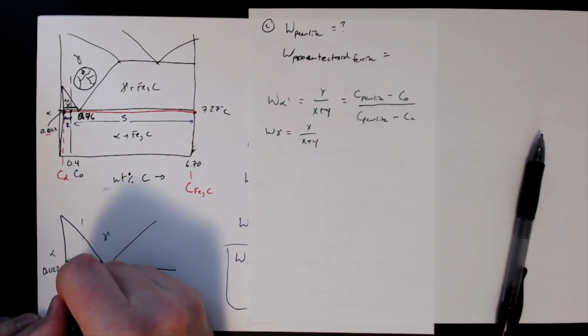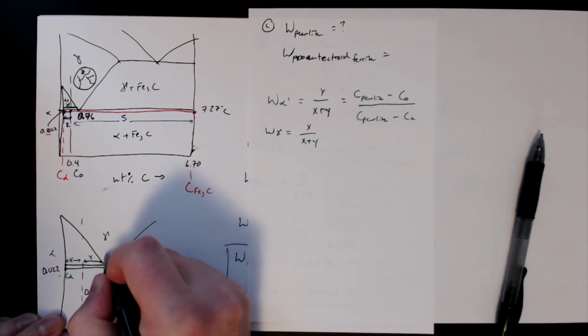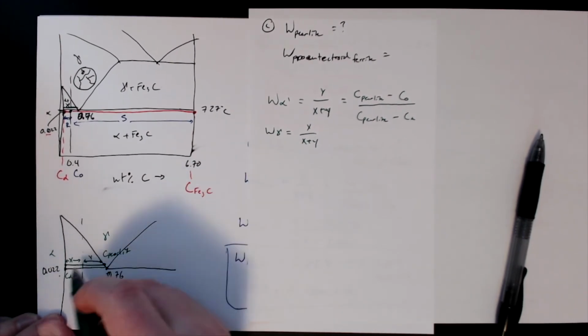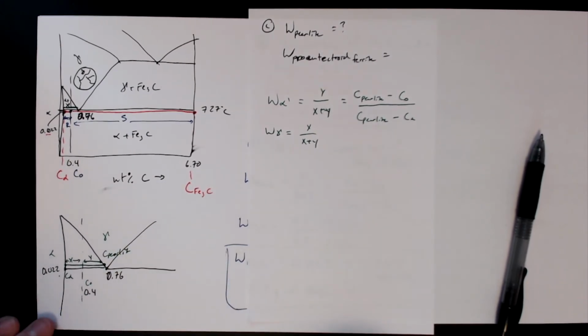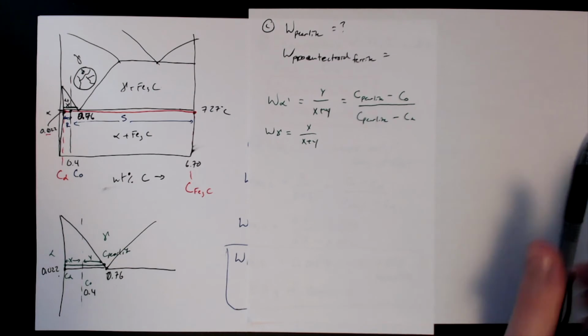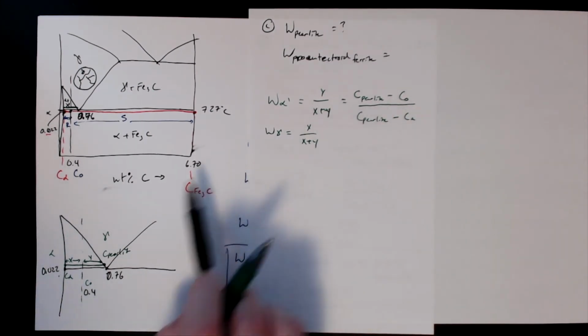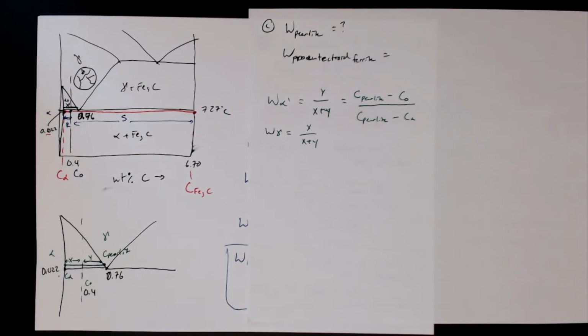This is C alpha, this is C perlite right here, and then this is C naught. And again, if I wanted to do the other, I could go through the same methodology, but they both should add together to be one.